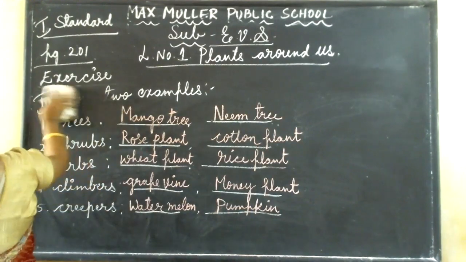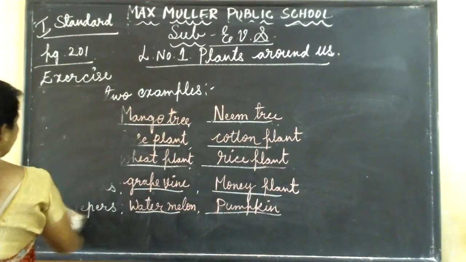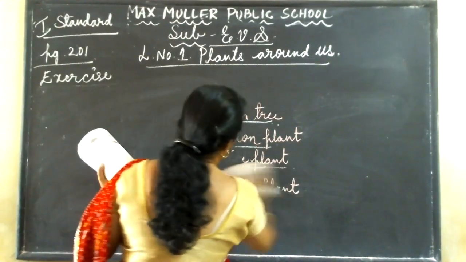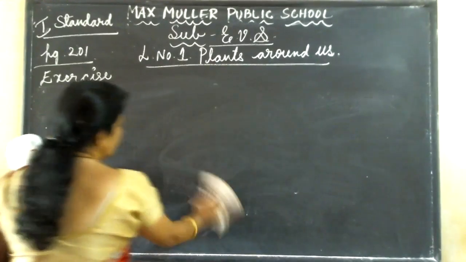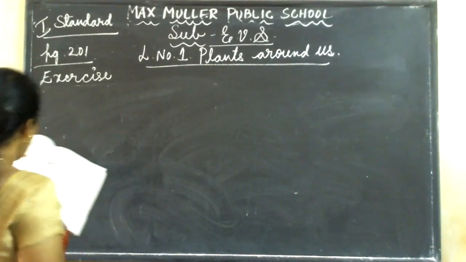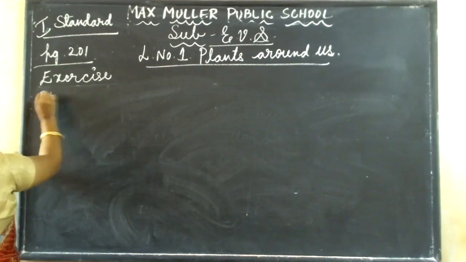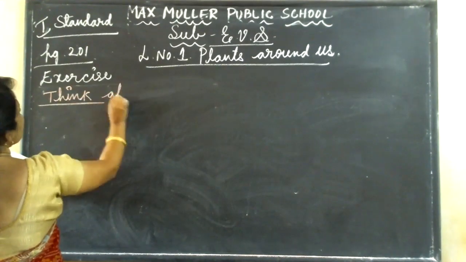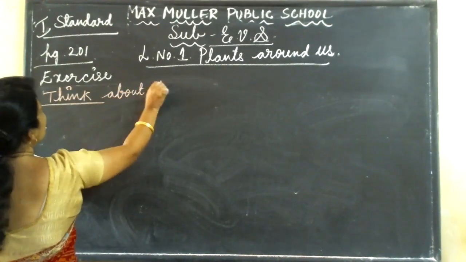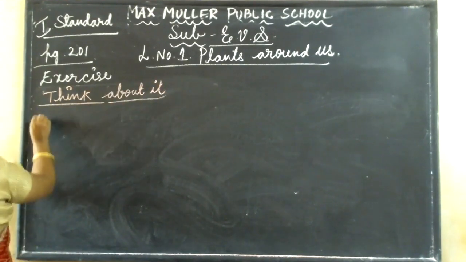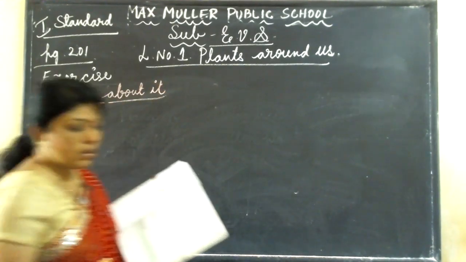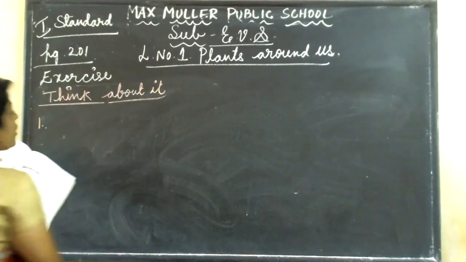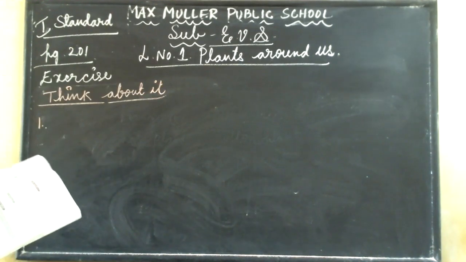Think about it. Okay. In that first question, they have given: prepare a list of things you get from plants. What do we get from plants? They have given five things you have to write.